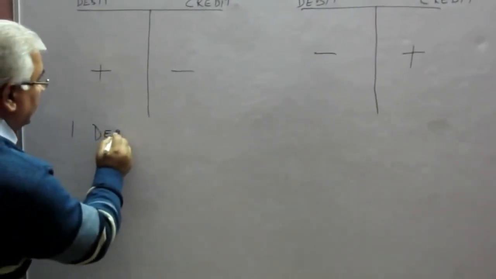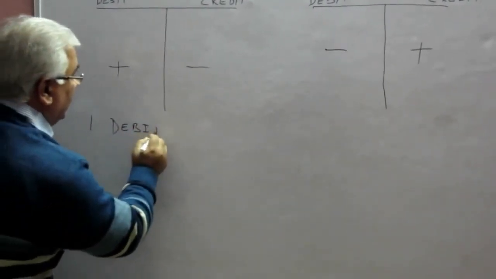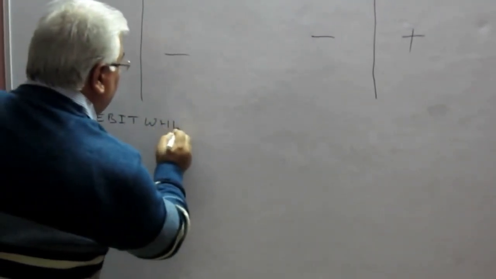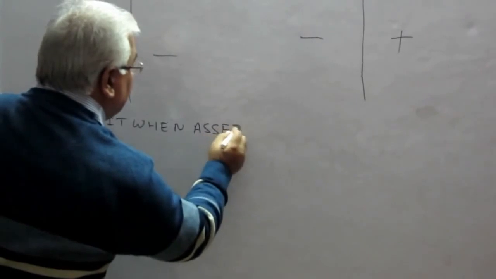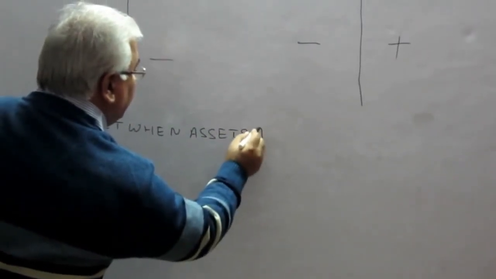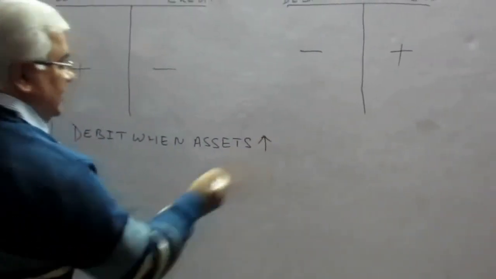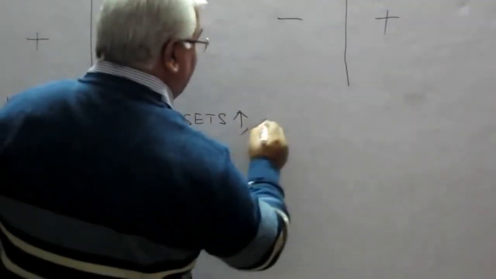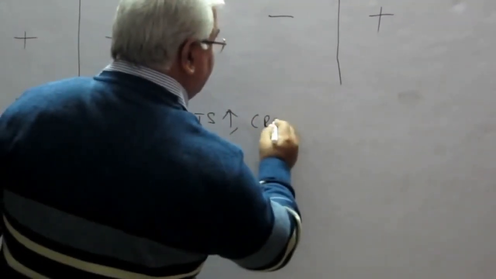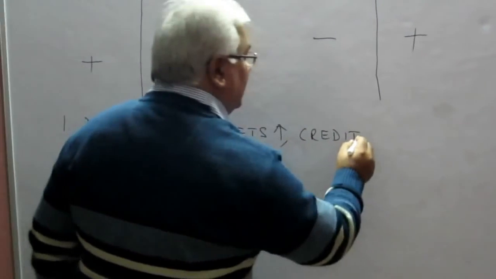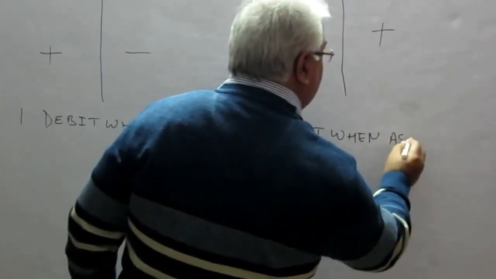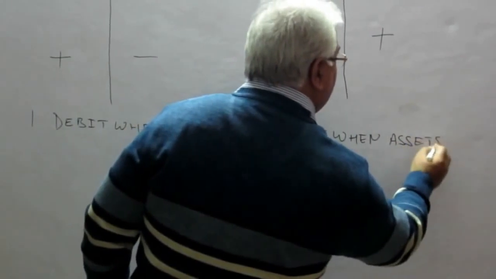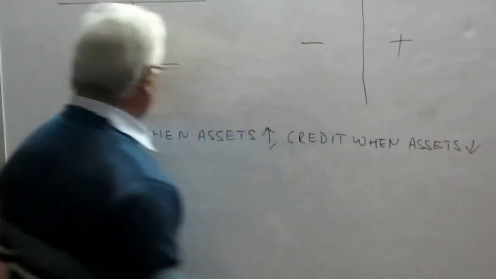debit when assets increase, and similarly credit when assets decrease.